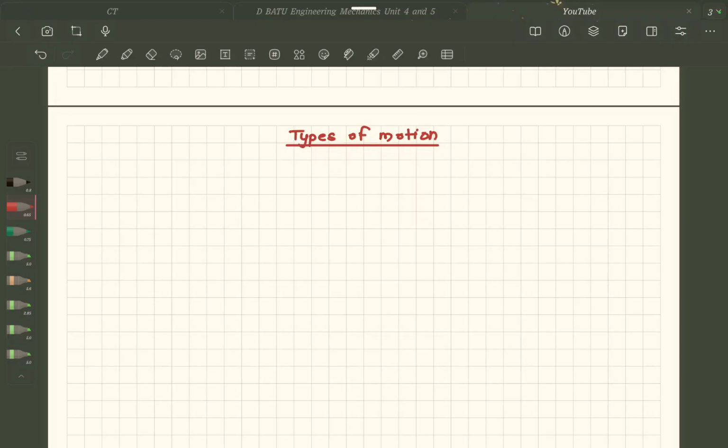In this lecture, we'll be discussing the types of motion and we'll try to understand what the parameters in those types of motion are.